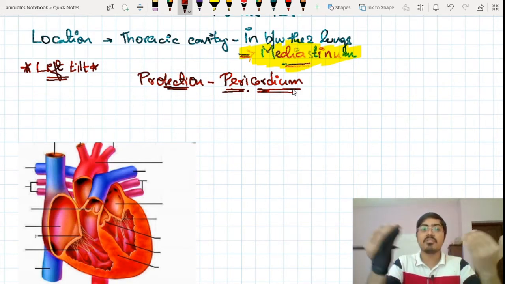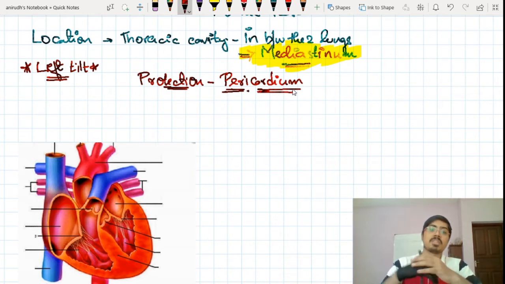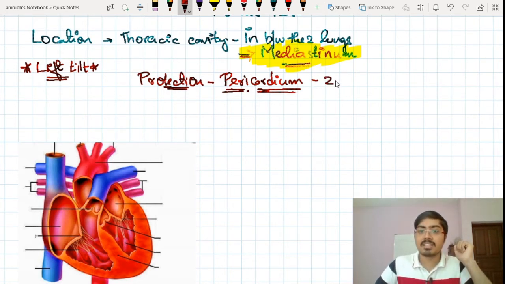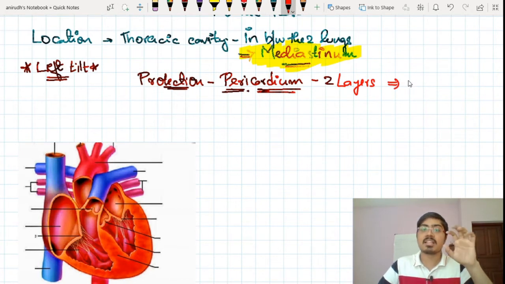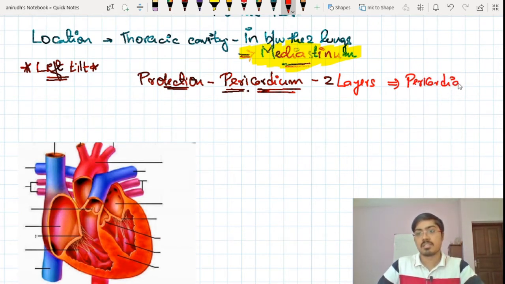So what we have is a covering, and this covering is called the pericardium, and it has two layers. Okay, so the pericardium has two layers, and in between these two layers you have a fluid, a very tiny amount of fluid, which will be circulating there, and that is called the pericardial fluid.